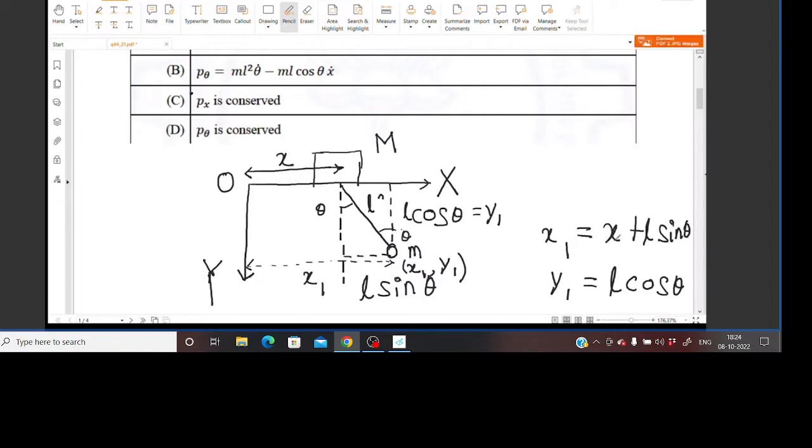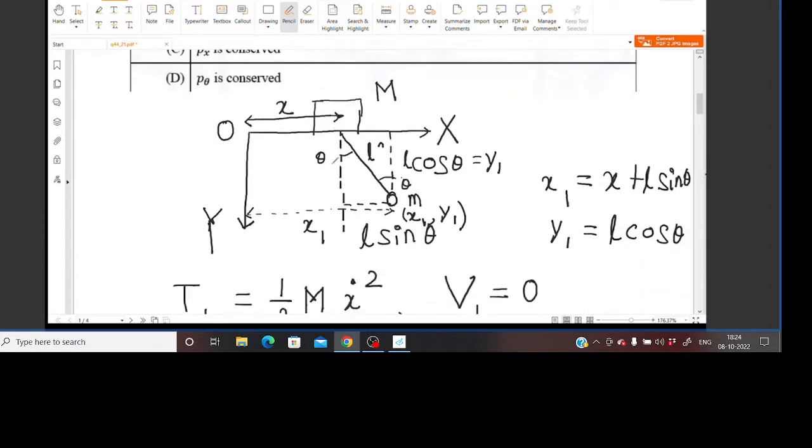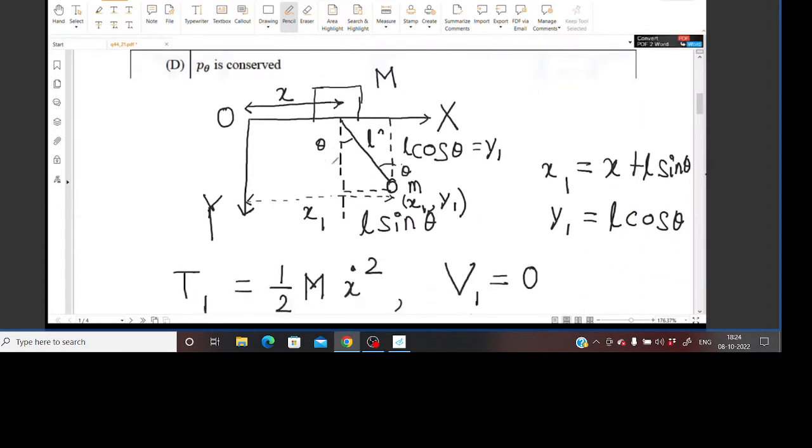Here x1 turns out to be x plus L sin theta and y1 turns out to be L cos theta, where x is the distance of mass capital M from the origin. The kinetic energy of the mass capital M is equal to half into capital M into x dot square, and we assume that the mass capital M is at potential energy V1 equal to 0.